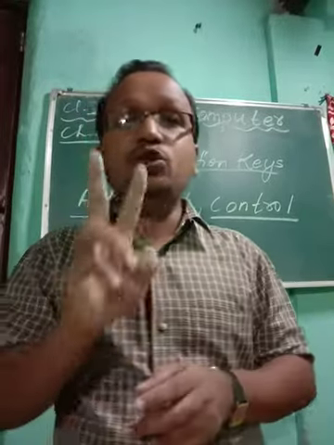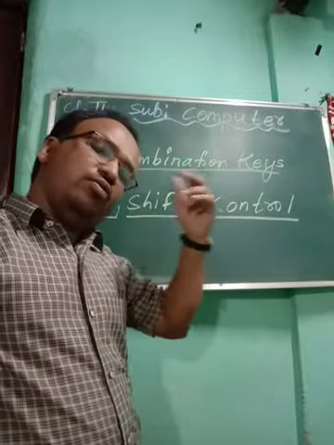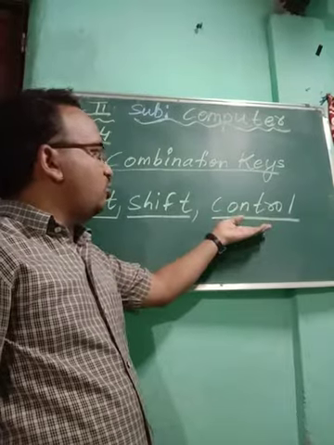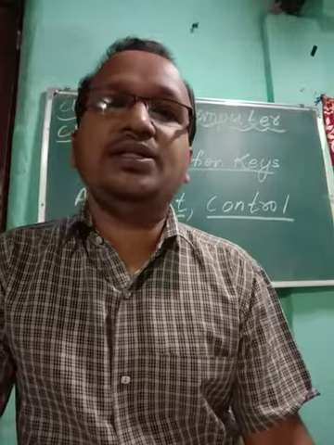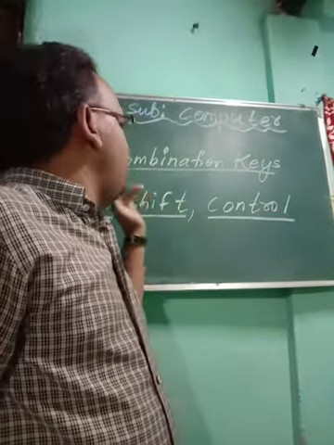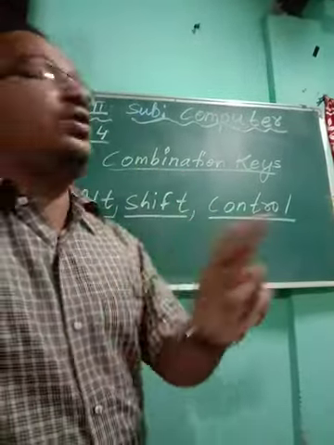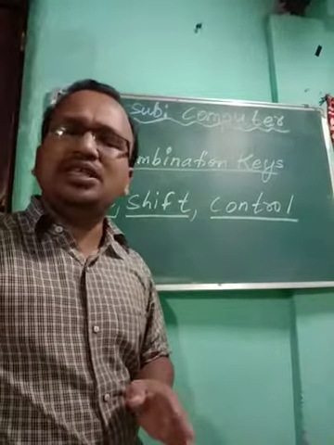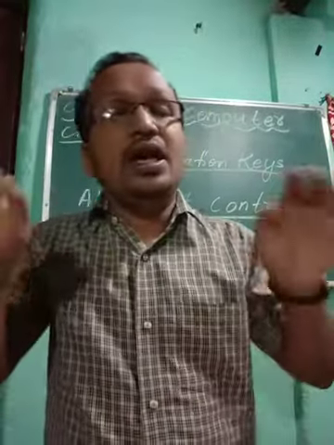In ALT also we have to press this and one more key. In shift also two keys, in control also two keys. So we can do the work only with the help of two keys. A single key will not give any performance, that means it will not work.